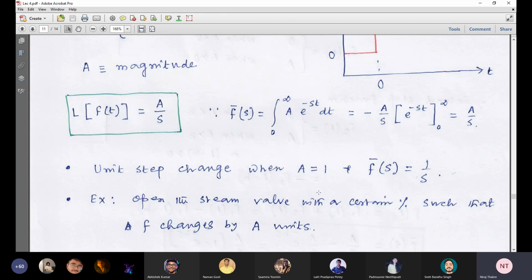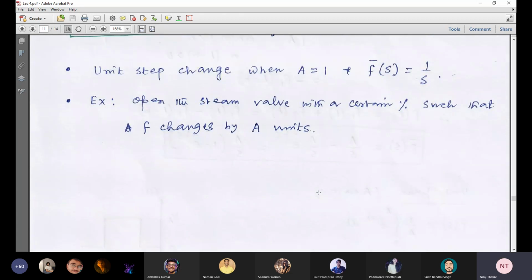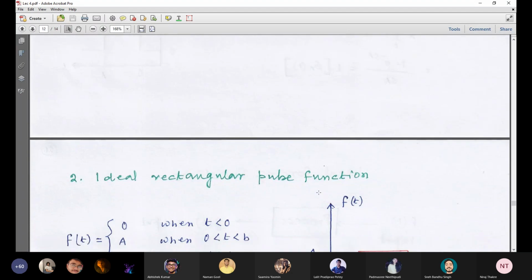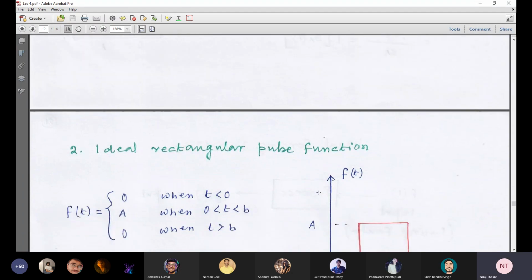Next, come to another change, that is the rectangular pulse function.